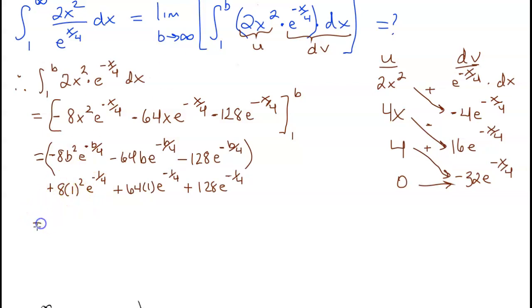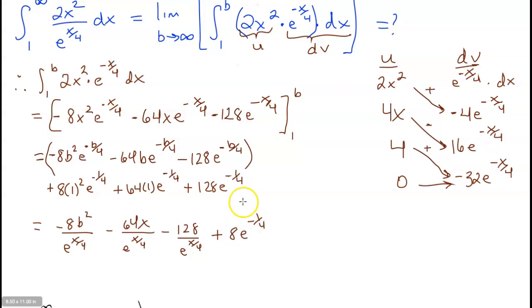So here we're going to have negative 8b squared divided by e raised to the 1/4 b, and this will be a minus 64b divided by e raised to the 1/4 b, minus 128 divided by e raised to the 1/4 b, and then this will be plus 8 e raised to the negative 1/4, plus 64 e raised to the negative 1/4, and then plus 128 e raised to the negative 1/4.